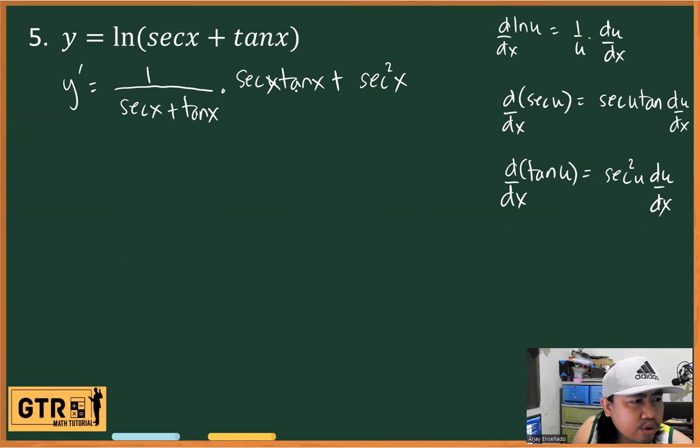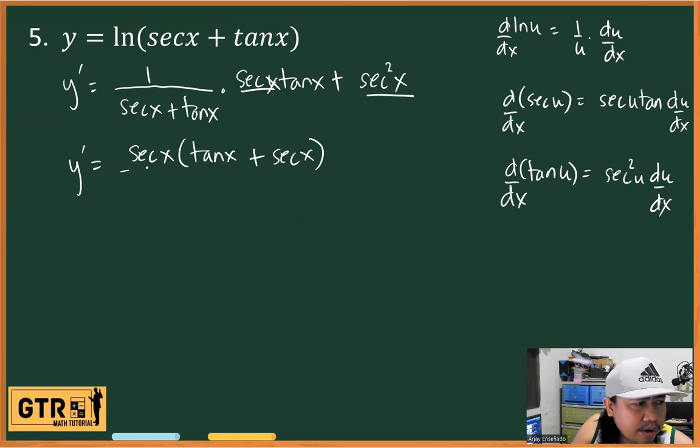Then we can factor out. They both have secant in the numerator. So factor out the secant x, and multiply it with the rest. So we have secant x times tangent x plus secant x, all over secant x plus tangent x.